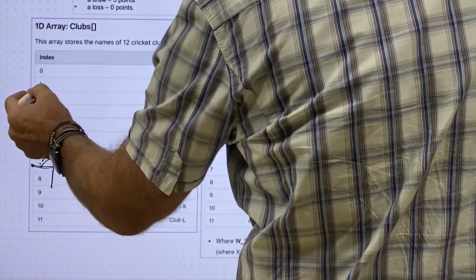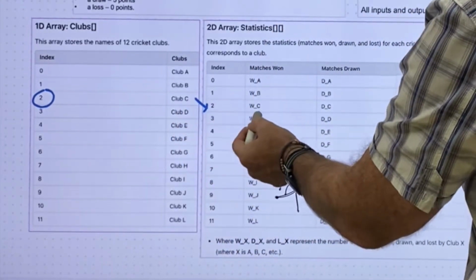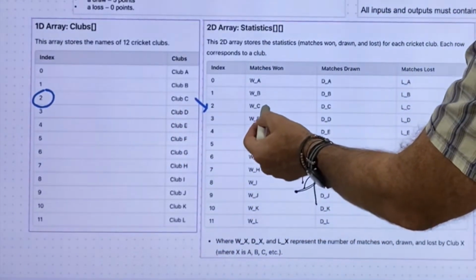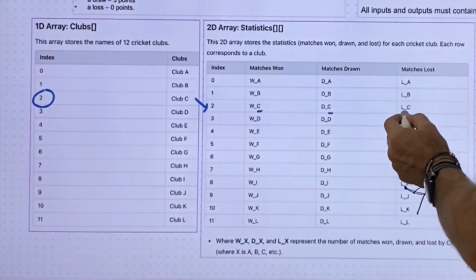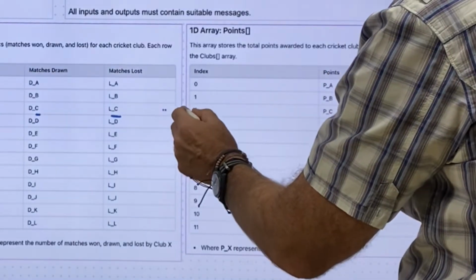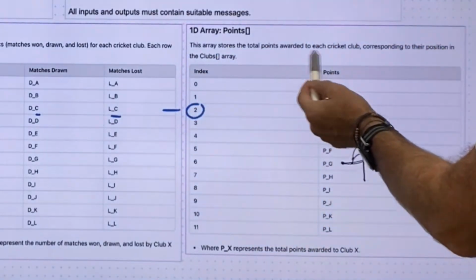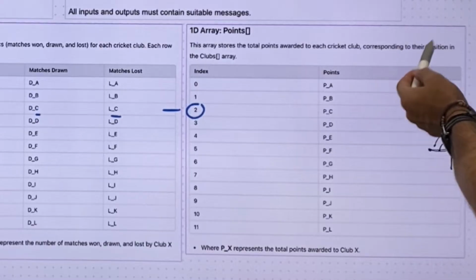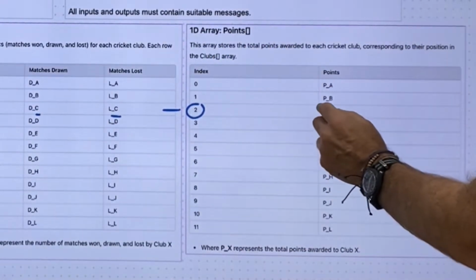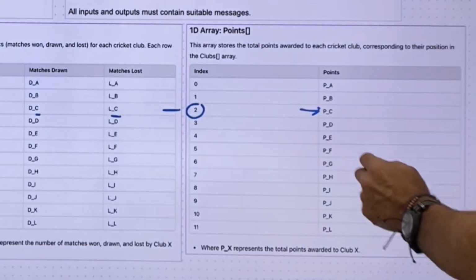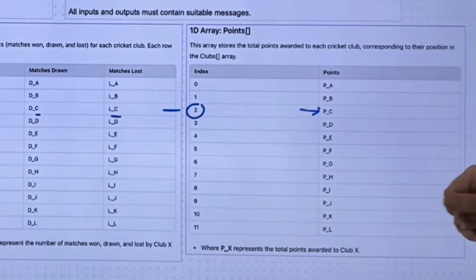Club C, at position 2, links through to position 2 here to determine how many games club C has won, drawn, or lost. Then this links through to this position. This array stores the total points awarded to each cricket club corresponding to the position in the club. So we've got points for club C, and that's what will be stored there.